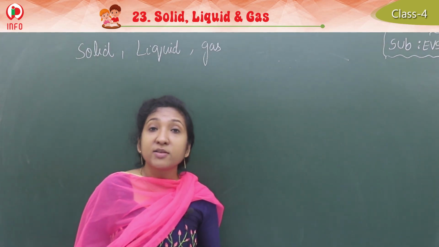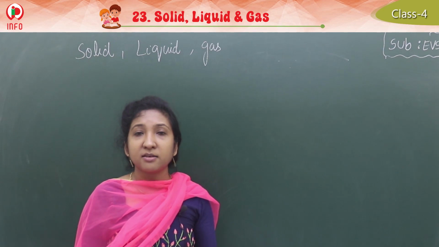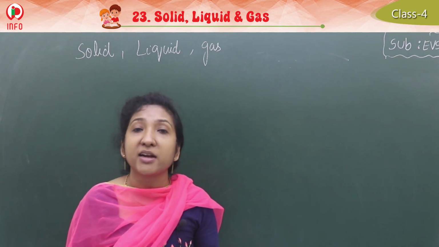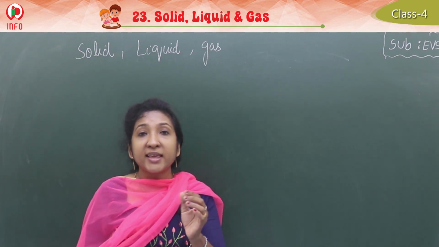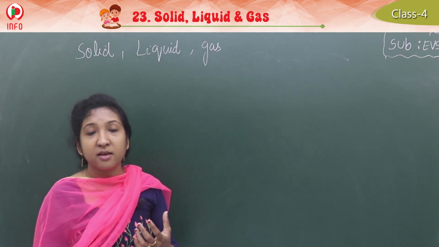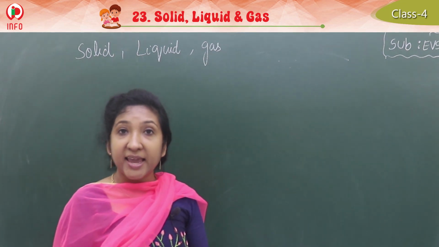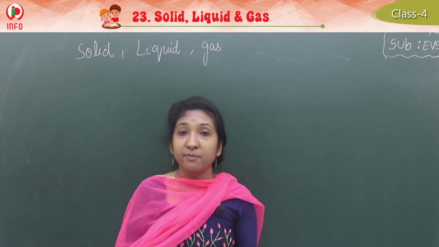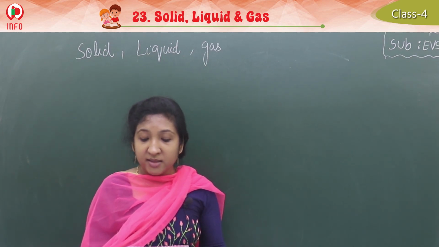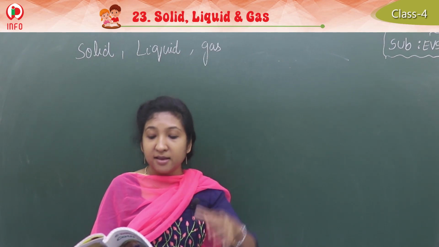Then liquids. In liquids, the molecules are not so closely packed, so they can move. That's why liquids flow. They have a definite volume: the amount of space the liquid occupies remains the same.